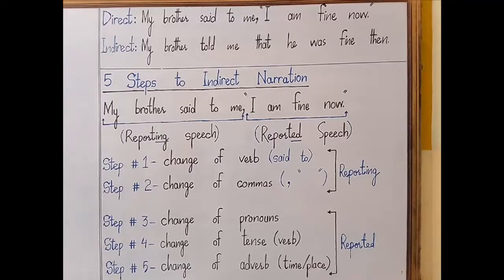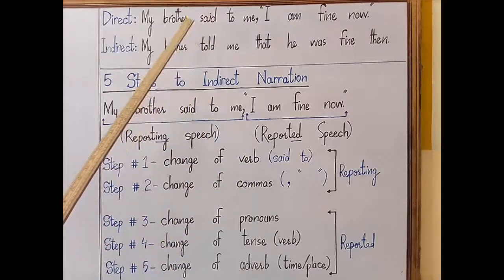We have studied all the 5 steps in detail. I've told you how to change the verb, how to change commas, how to change pronouns, how to change tense, and adverb of time and place. These 5 steps are in sequence. The first change is change of verb.